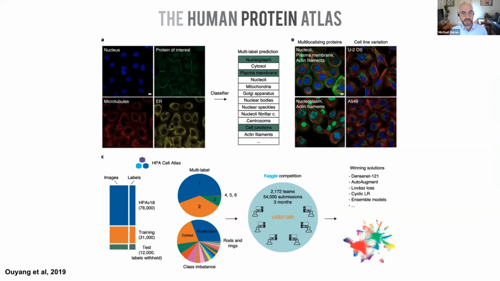These proteins can localize in different areas inside the cell, and given those images of the cells of the cultures, our task is to find where these proteins of interest localize, whether it is in the nucleoplasm, or the plasma membrane, or the cell junctions, or in this case, all of them.